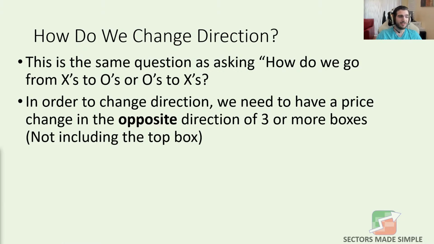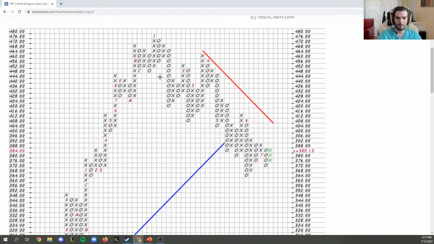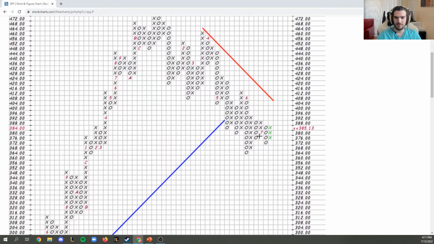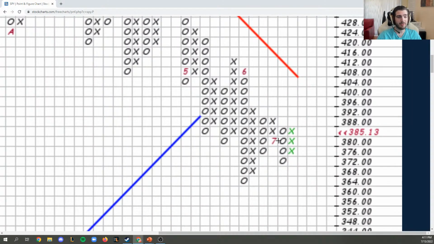So what that means is in order for us to have a reversal, we need 3 or more boxes in the opposite direction. Again, to see this clearly, let's go and look at our SPY chart. Let's zoom in right here. If you notice, this column where it says 7 is 3 boxes only. The current column that happened today is only 3 boxes.